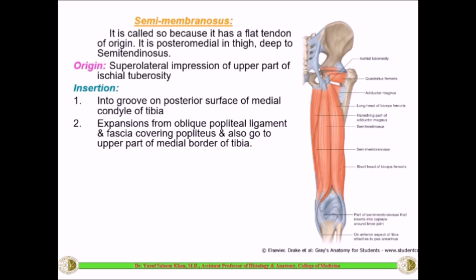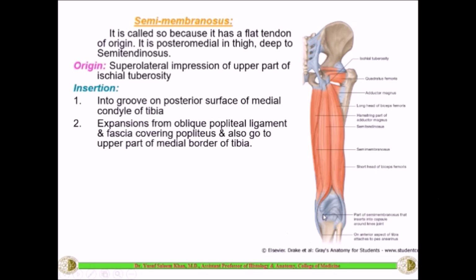There is expansion from the oblique popliteal ligament and the fascia covering the popliteus, and it also goes to the upper part of the medial border of the tibia. So this muscle not only gets inserted to the medial side of the medial condyle of the tibia, but also some of the fibers go to the oblique popliteal ligament as well as the fascia covering the popliteus.